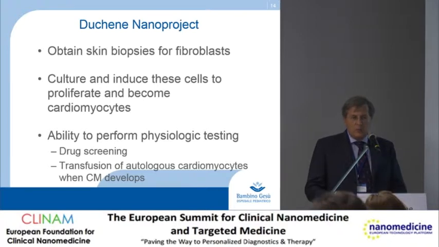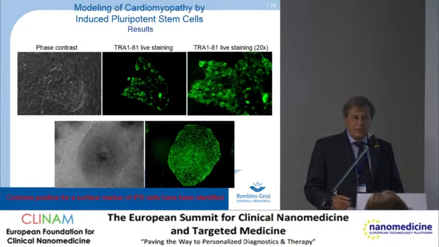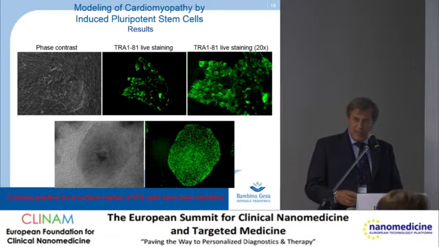Then we want to perform testing, screening, and transfusion of autologous cardiomyocytes when the cardiomyopathy develops. We have been able to induce the production of myocytes from stem cells, and the idea is to use nanotechnologies to measure the contractile force of these new muscle cells.